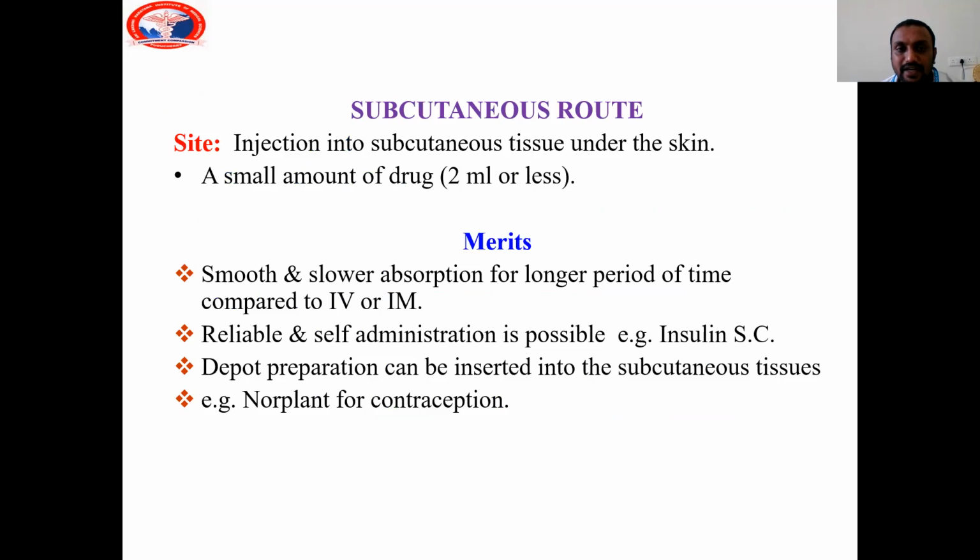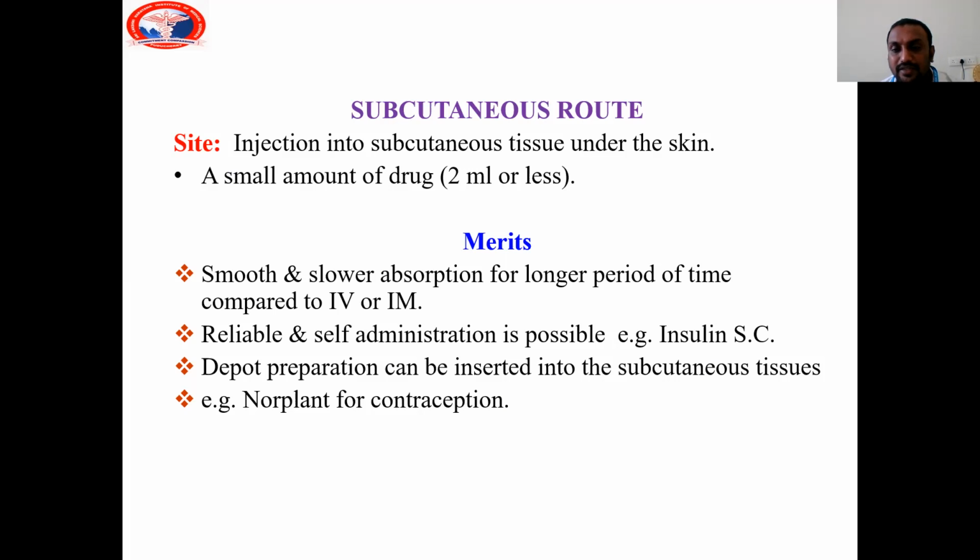Subcutaneous route: here the injection is given into the subcutaneous tissue under the skin. In the subcutaneous route, a total of 2 ml or less can be administered. Coming to the merits, drugs given by the subcutaneous route have slower absorption for a longer period of time compared to IV or IM, and it is reliable and self-administration is possible.